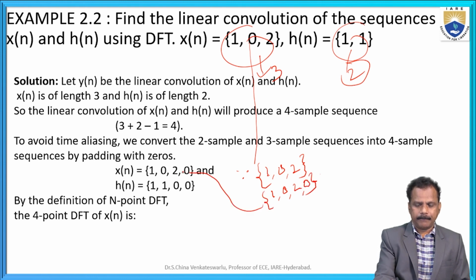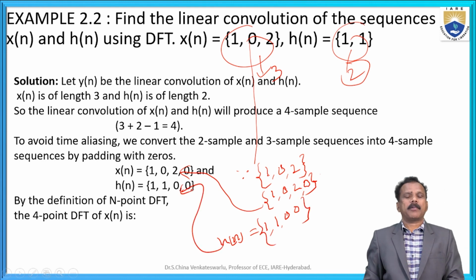Normally h of n is given as 1, 1. After padding with 0 and 0, finally h of n is this one.